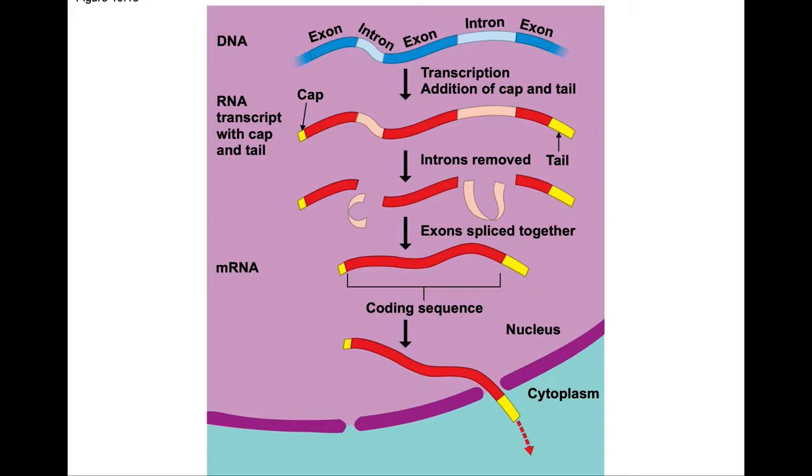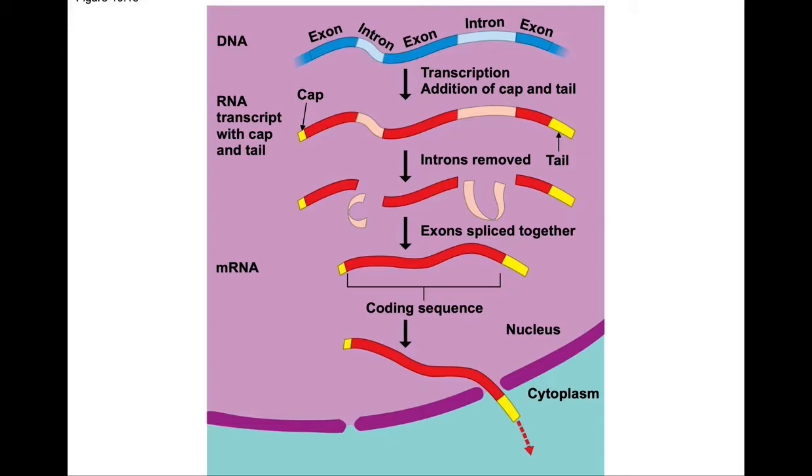What we do here is get rid of the introns. As you can see in the picture, the introns, in light blue, are removed as garbage, and the exons, which are dark blue, are spliced back together.